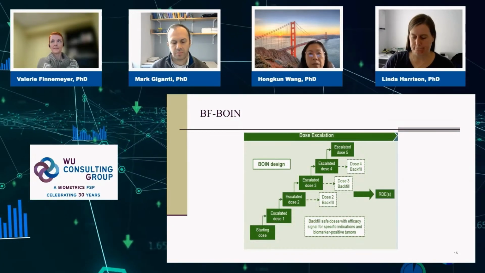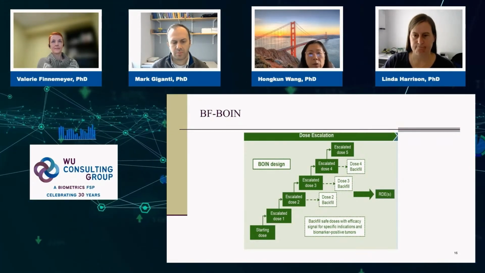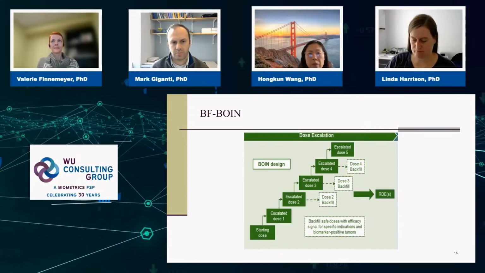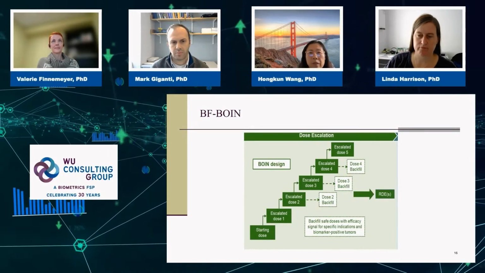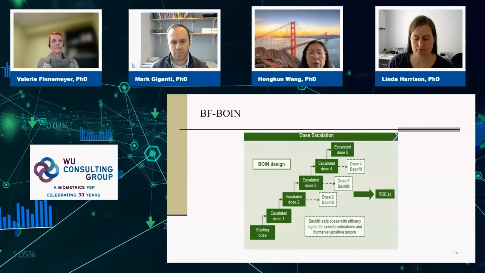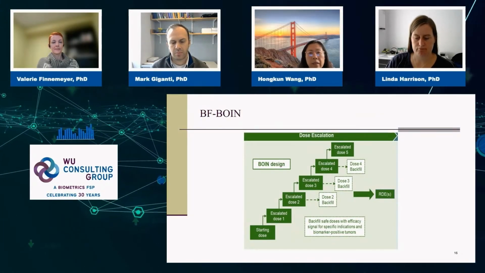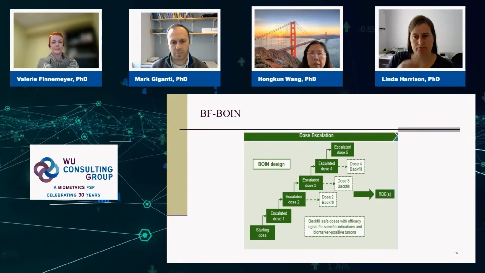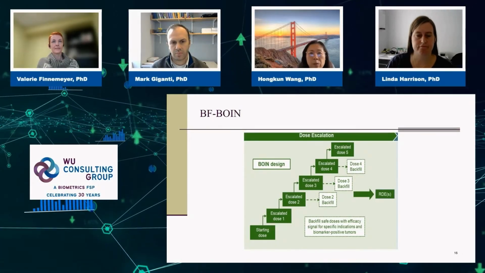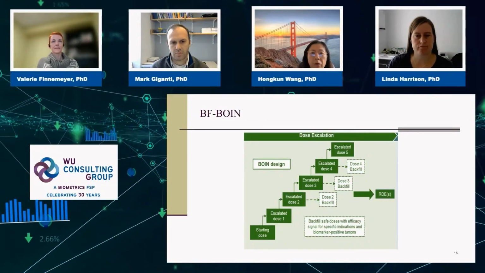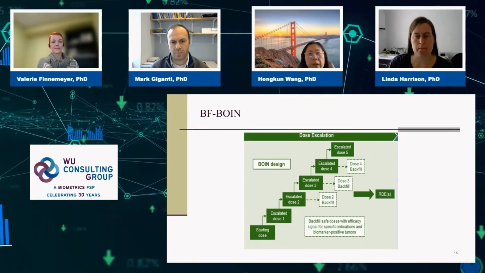In these slides, you can see particularly that dose level 2, after it is cleared for safety issues, you can use this dose 2 as a backfill cohort. And similarly, if you escalate to dose level 3 and dose level 3 is cleared for safety, then when you escalate to dose level 4, you can use dose level 3 as a backfilling cohort.